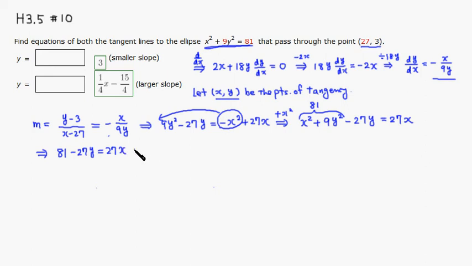It seems like everything has 27 in it, so I'm going to just divide through by 27. That will give you 3 minus y is equal to x.